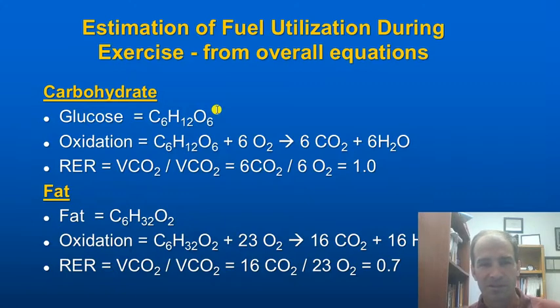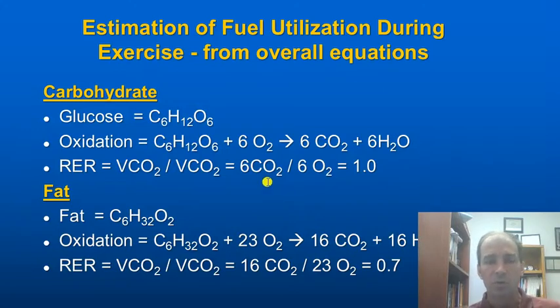So all carbohydrates, C6H12O6. Fats, here we're talking about triglycerides, are C6H32O2. So these are different chemical structures. Again, all have carbon, hydrogen, oxygen, but definitely different chemical structures. Well, why is this important?